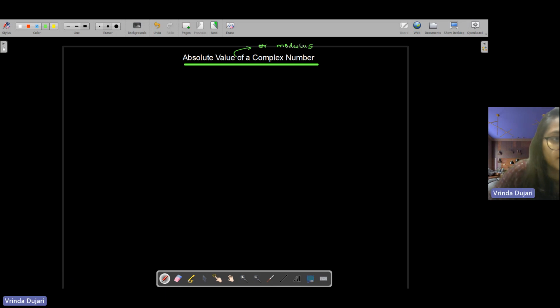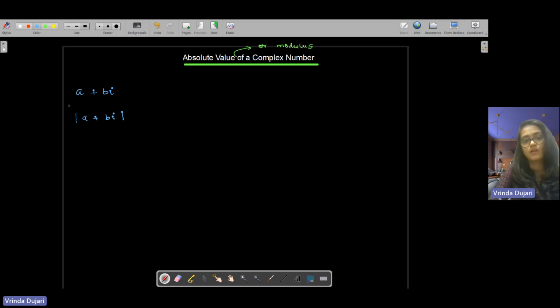Let's say you have a complex number, a plus bi. And we have to find out the absolute value or modulus of this complex number. So first of all, it is denoted by these two straight lines.